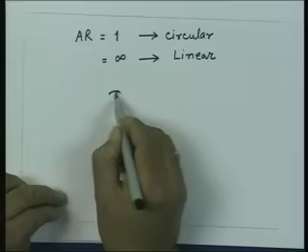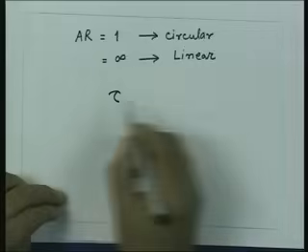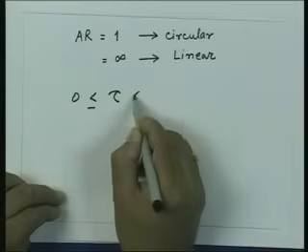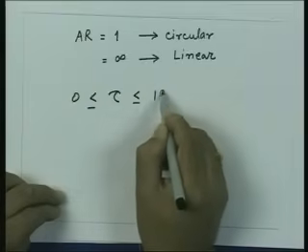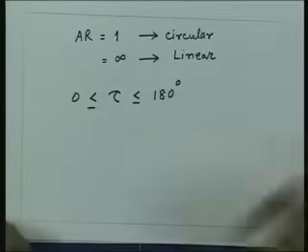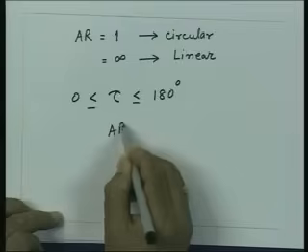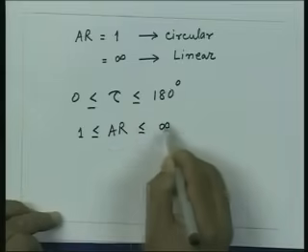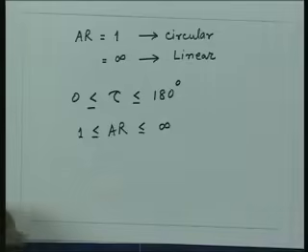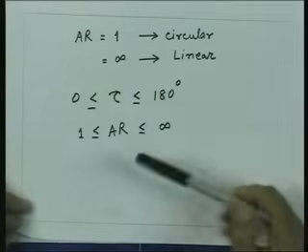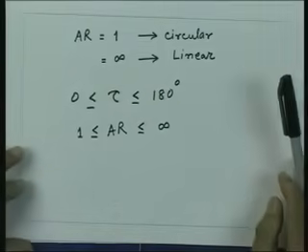The parameter tau can go from 0 to 180 degrees. And as I mentioned earlier, the AR will be 1 to infinity. So, if I define these two parameters, the tilt angle and the axial ratio, then we can define the shape of this ellipse uniquely.